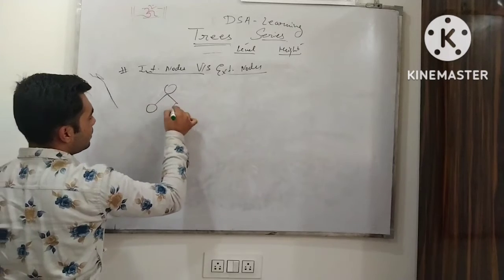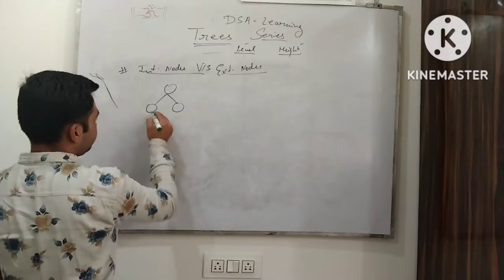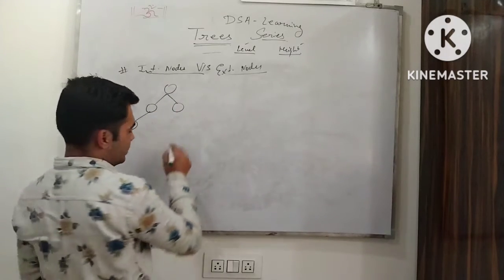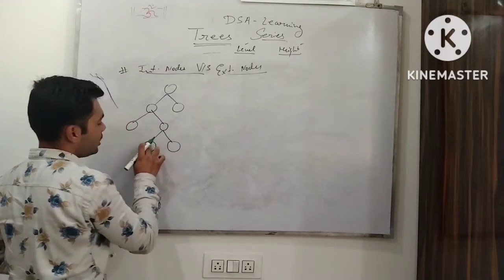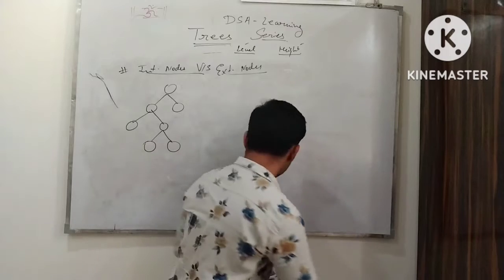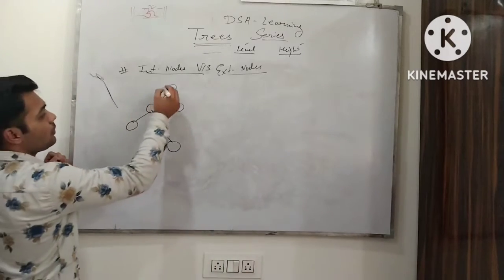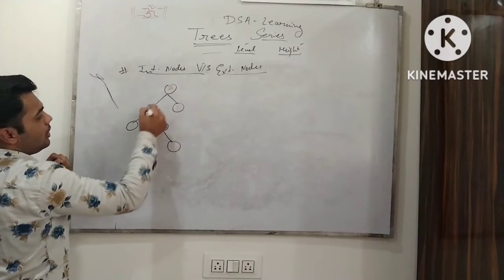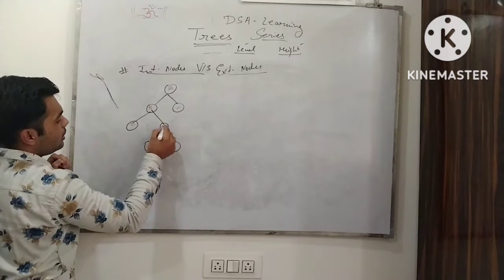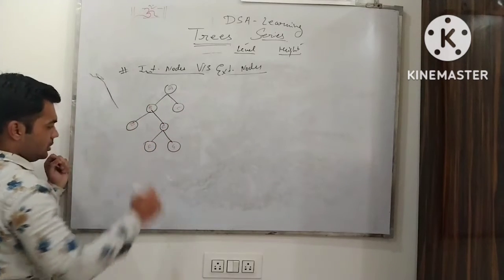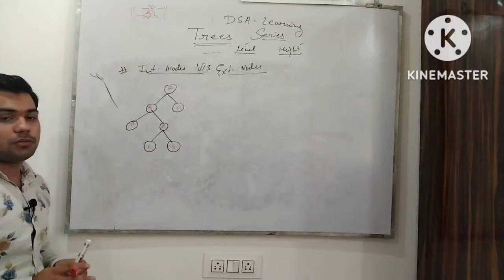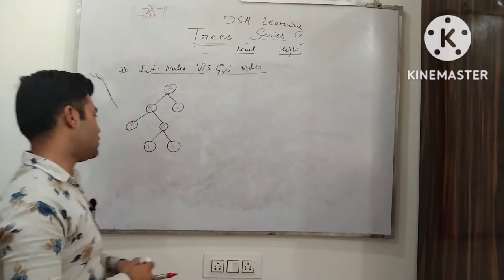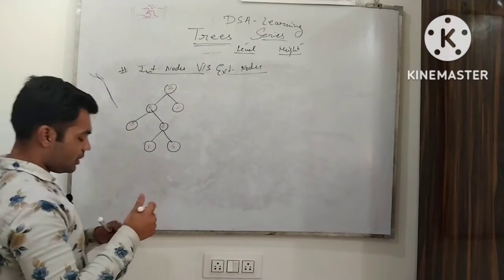Again, I am drawing a particular tree, like this, having two children, and each having two further children. A, B, C, D, E, F and G. I labelled all of them so we can easily refer to each and every node without any confusion.